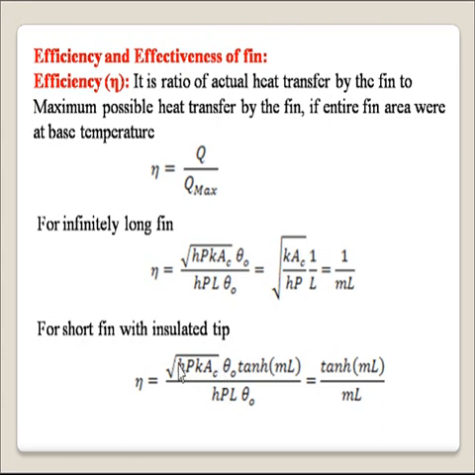Actual heat transfer in insulated tip is root of hPkAc theta naught tanh(mL) upon hPL theta naught. By simplifying, we have efficiency for the short fin with insulated tip equal to tanh(mL) upon mL.